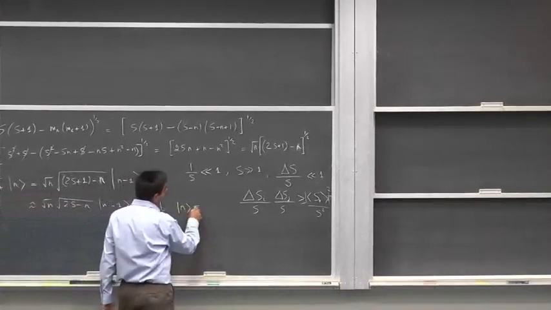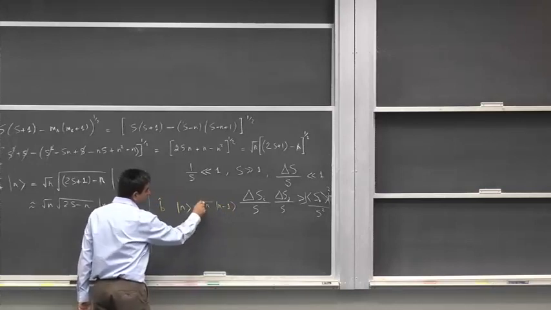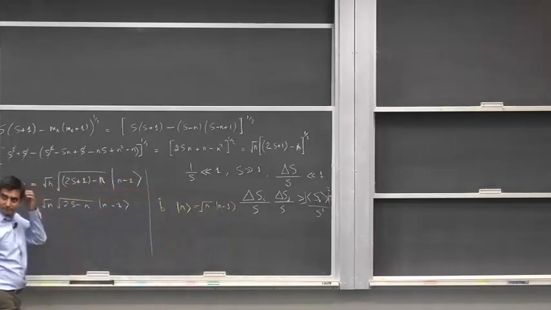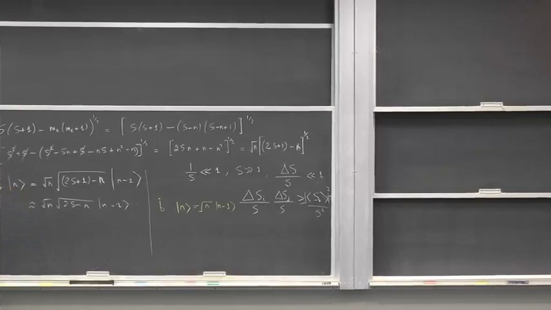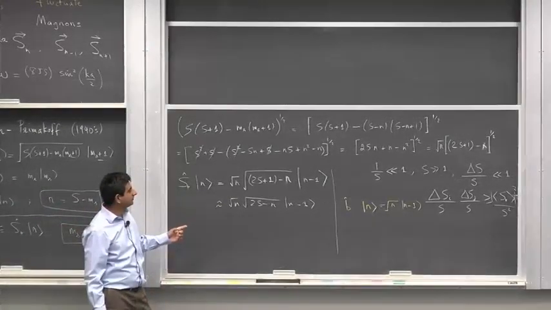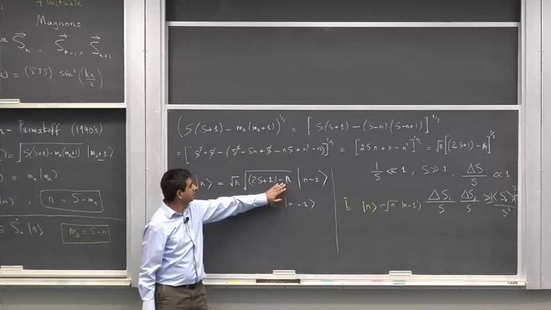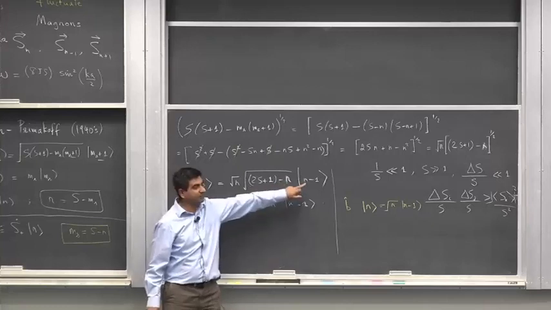This decrements the value of n by 1, and there is a certain coefficient that goes with it. Square root of n, n minus 1.